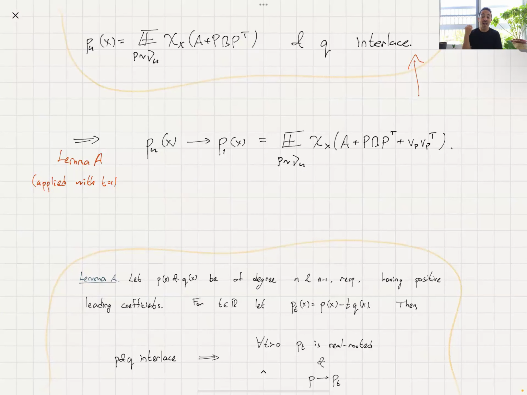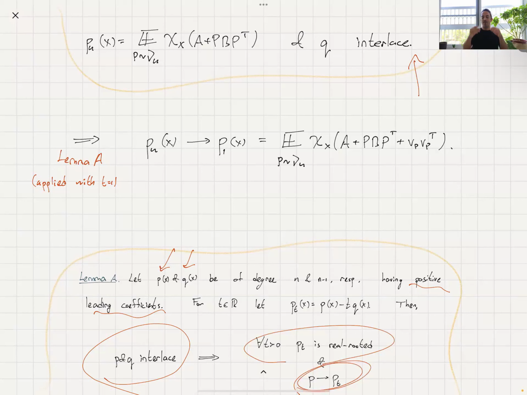And now from lemma A, it tells you the other direction. It tells you that if two polynomials interlace and they have the right degrees, so this is degree n, this is degree n minus 1, that's what we have, because Q is of degree n minus 1, with positive leading coefficient, then if P and Q interlace, I care about this thing: P interlaces PT for any T larger than 0.